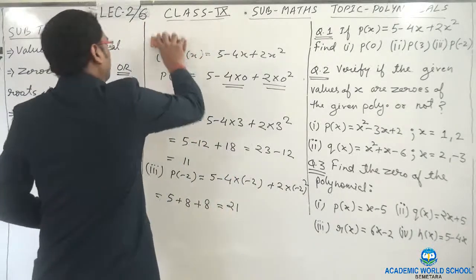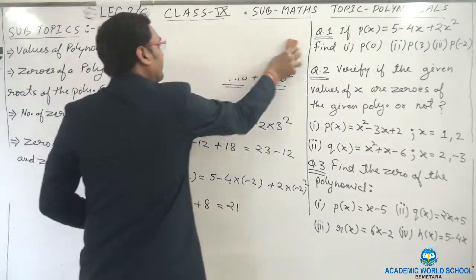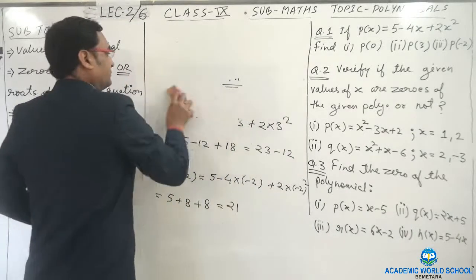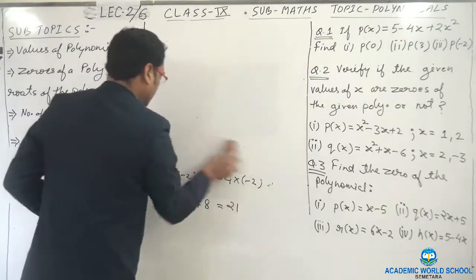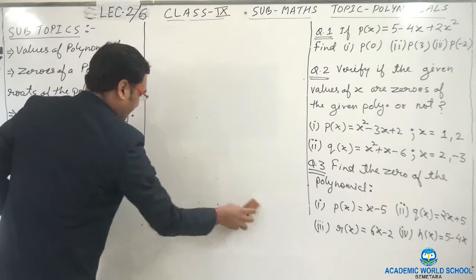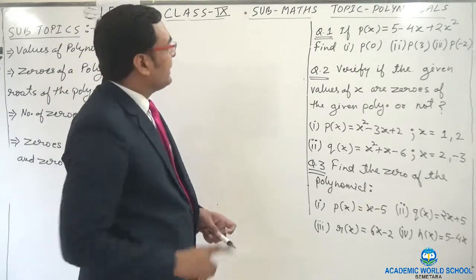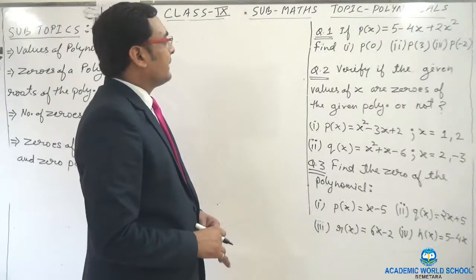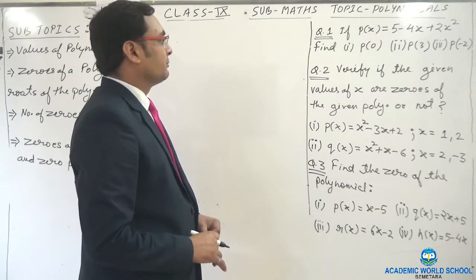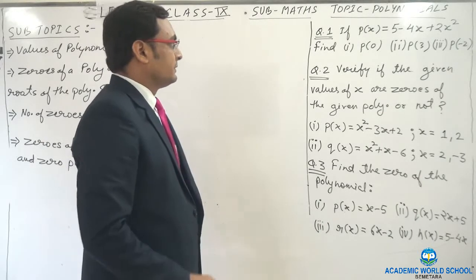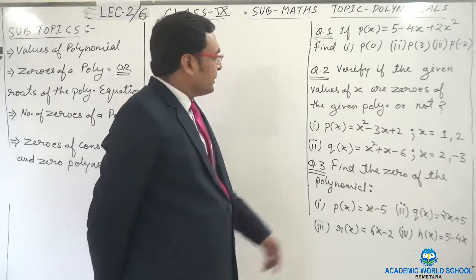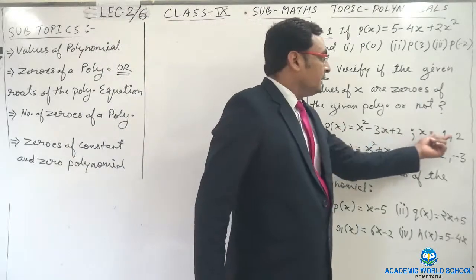Further, we will discuss question number 2 here. In question number 2, we are given: verify if the given values of x are zeros of the given polynomial or not. So we are given polynomials and some values of x.